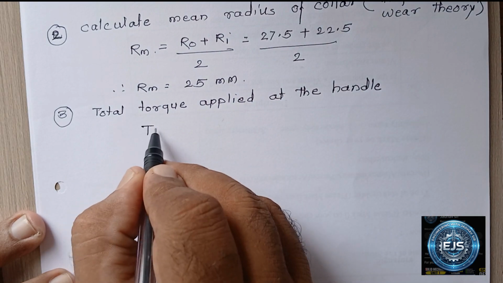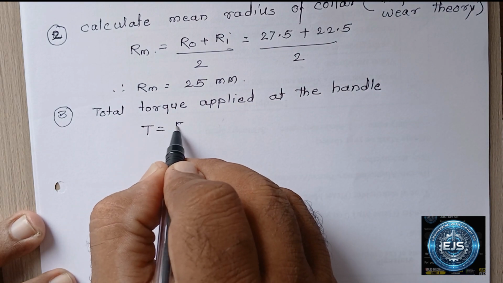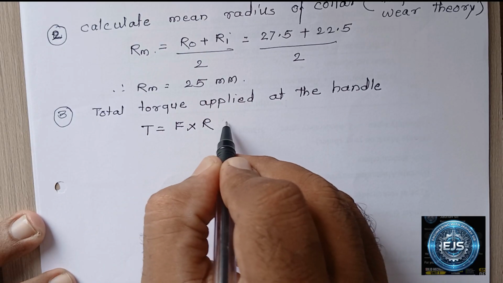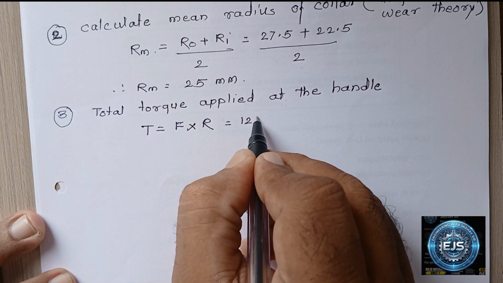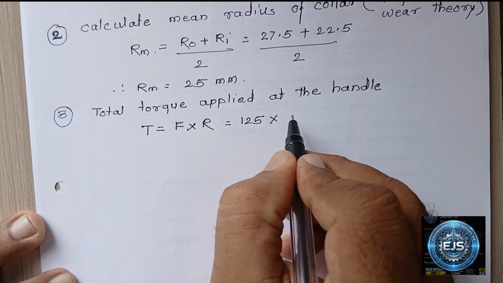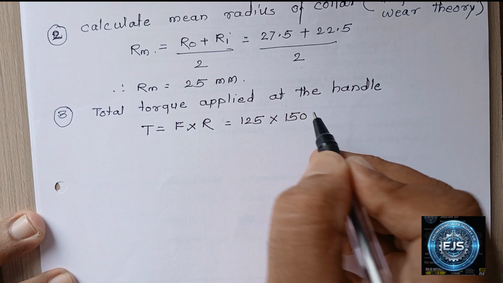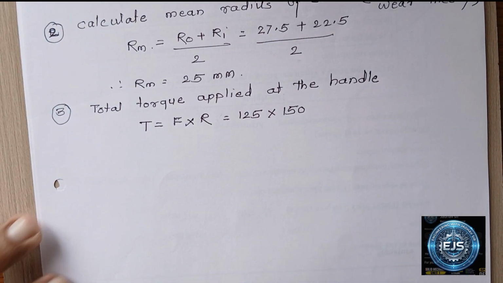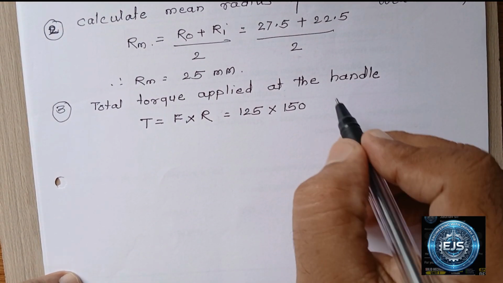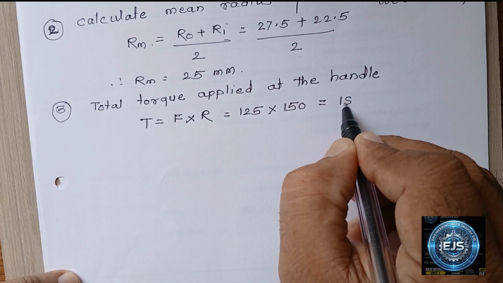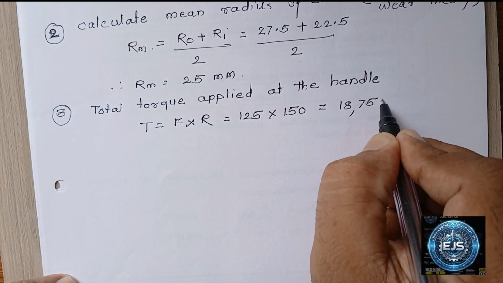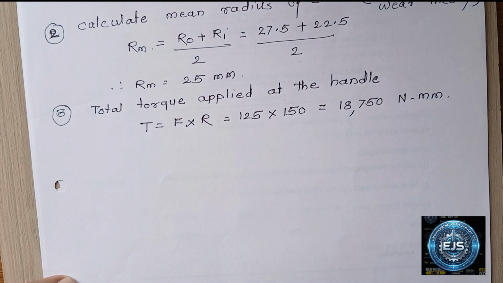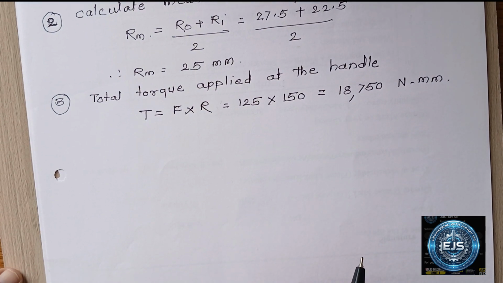So total torque T is equal to the force F into radius R. Force F is 125 Newton, the force applied by the machinist, and R is the radius of the handle, 150 mm. That is given in the problem. So we can find the torque value as 18,750 Newton mm. This is the torque applied by the machinist at the handle in Newton mm.